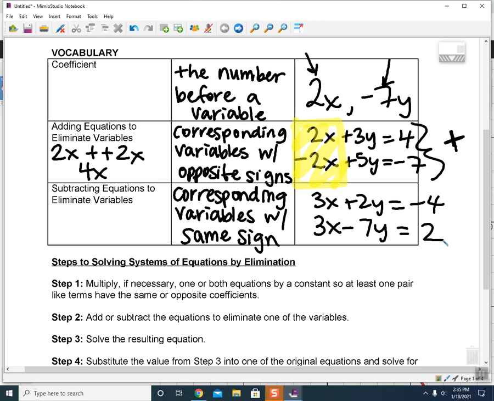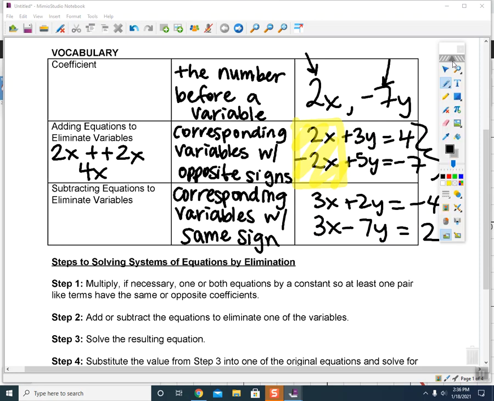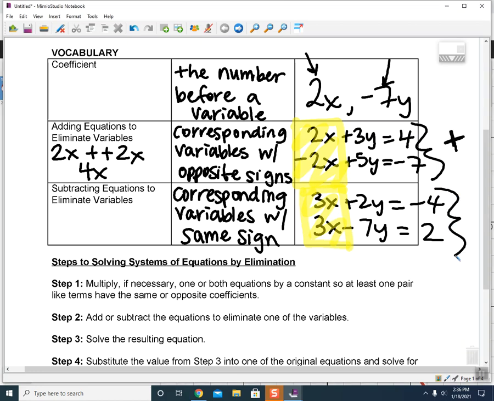Okay, here my corresponding variables are still my x in this case, and they're both positive, right? I have a 3x and a positive 3x. So in this case, in order to get rid of them, I need to subtract. Okay, so I'm going to take my first equation minus the second one to get rid of it.